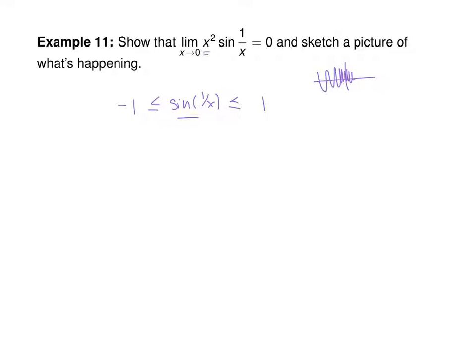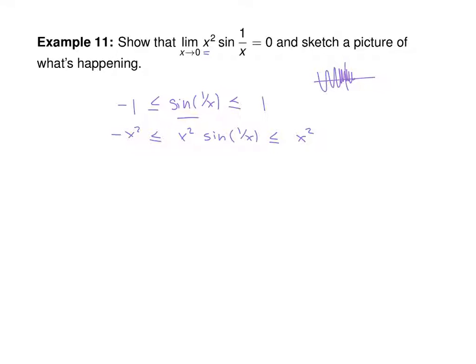And the thing that you care about is x squared times that thing. So if this is true, isn't it true that -x squared is less than or equal to x squared sine of 1 over x, which is less than or equal to x squared? Question 1 is, do you buy that? I multiplied by a positive number. Does it flip the inequality signs?